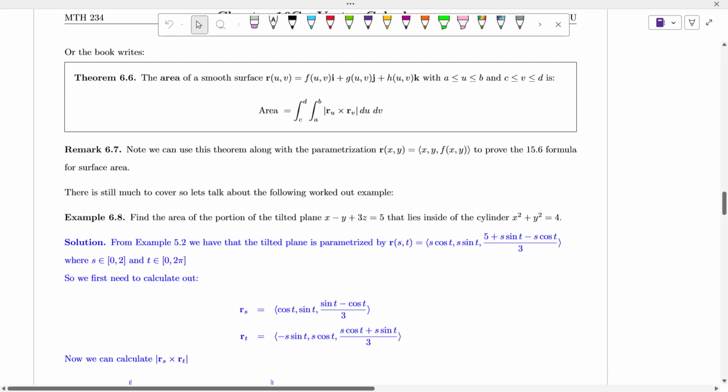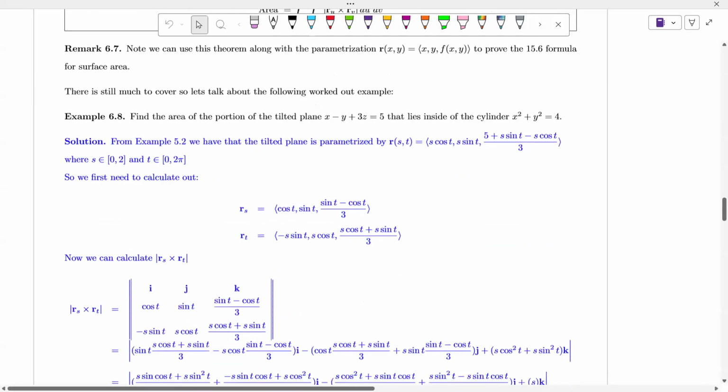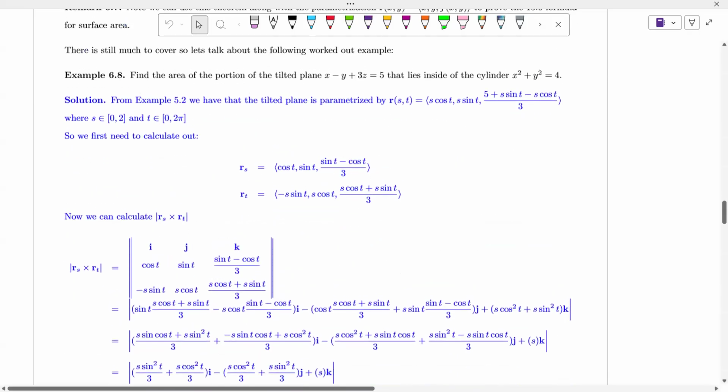So the parametric surface area process is often a gigantic pain. The first example we're going to do is sort of already done for us, but just to emphasize that this formula can be a gigantic pain if I've got to parameterize whatever thing it might be.